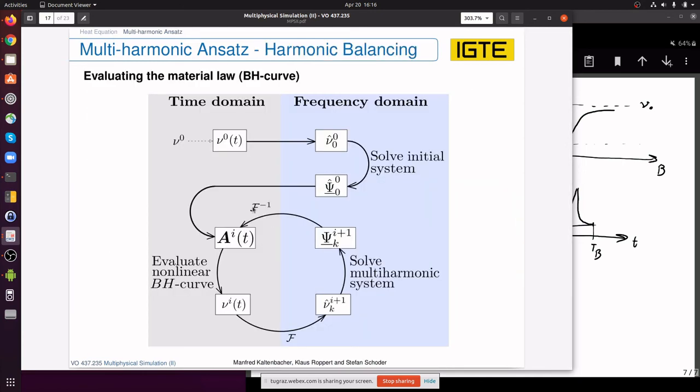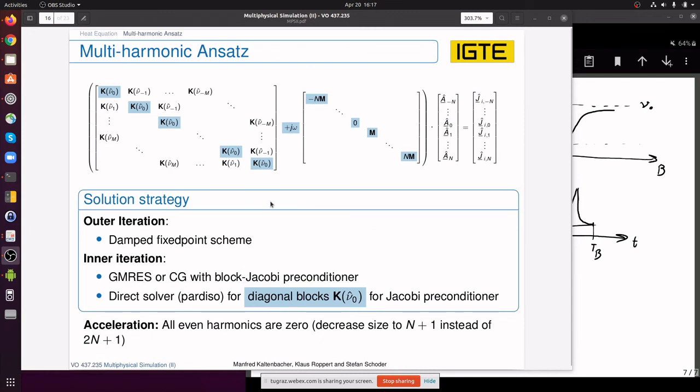The solution of the whole problem is not done by solving this system one time. We need to solve this system for every adaptation of our nu. You can see the nonlinearity by these off-diagonal entries. We're coupling different A harmonics with each other, and that's the way we introduce the nonlinearity into our system via these off-diagonals.